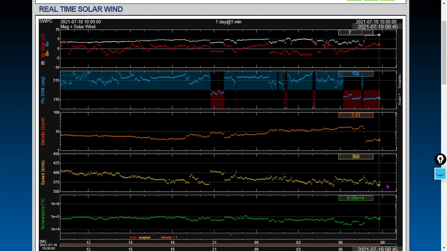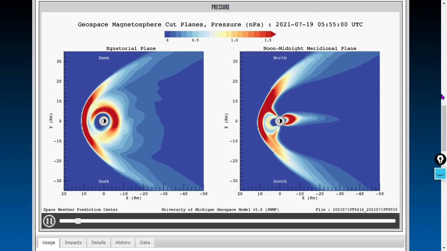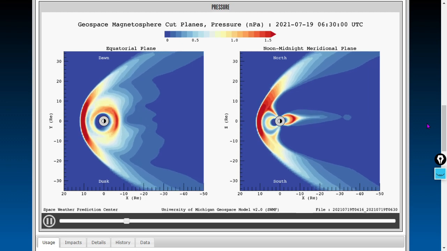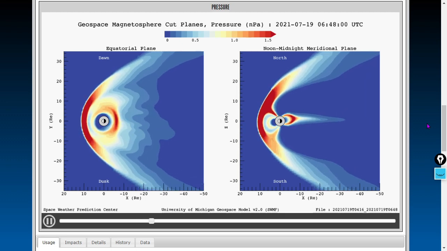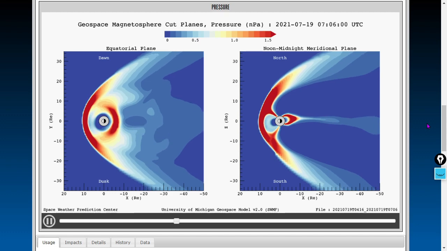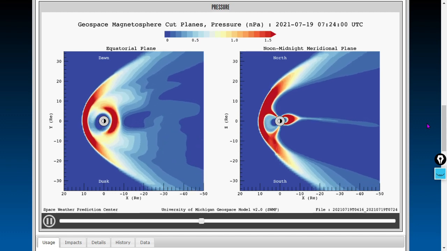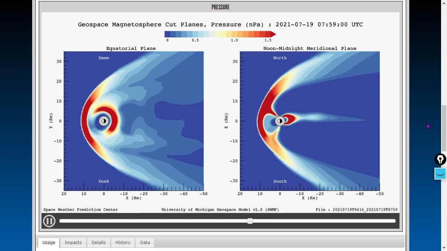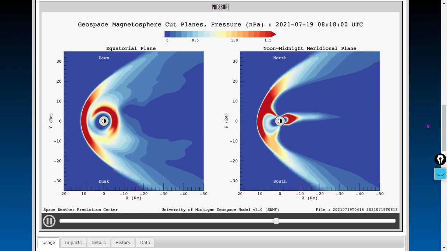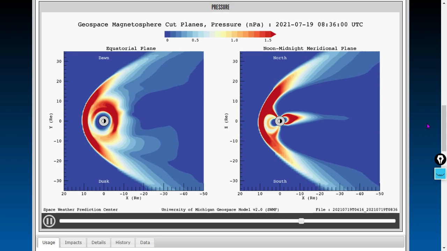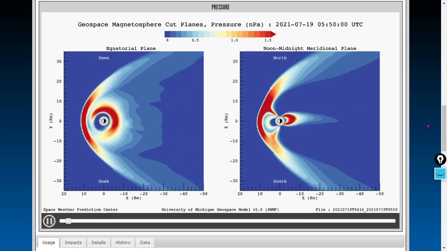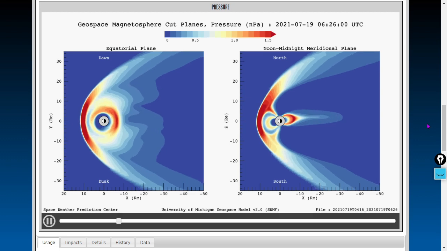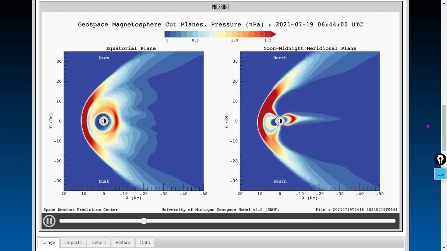Moving on to geospace magnetosphere movies, here's the magnetohydrodynamic pressure out to about 12 Earth diameters. And we can expect to see the pressure drop off here. This is 4 hours of data courtesy University of Michigan based on the space weather modeling framework, and the graphics here are the scale of nanopascal from 0 to 1.5 nanopascal magnetohydrodynamic pressure.